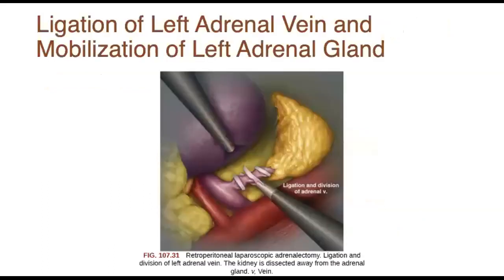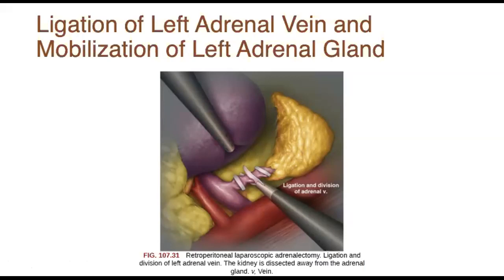Next, the ligation of the adrenal vein. Again, double clipping, as seen in this picture. Small arterial branches arising from the aorta are also ligated, either with clips or harmonic. Be careful with the inferior phrenic vein that may course along the anteromedial border of the gland, usually joining the adrenal vein.